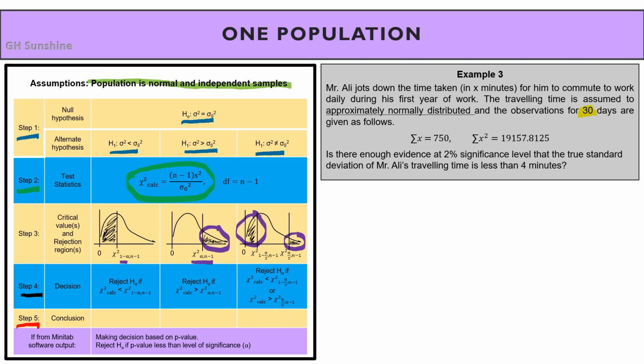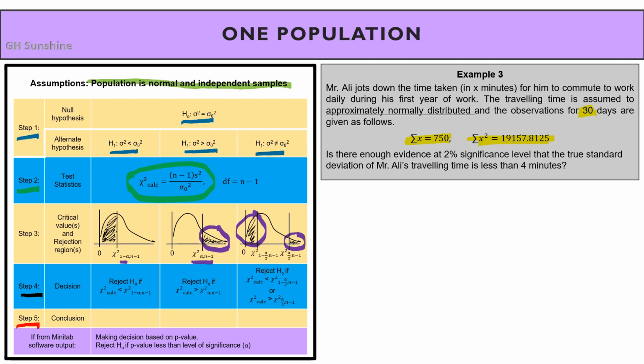Summation of x equal to 750, meanwhile summation of x squared equal to 19157.8125. So the question asks you, is there enough evidence at 2% significance level that the true standard deviation of Mr. Ali's traveling time is less than 4 minutes?